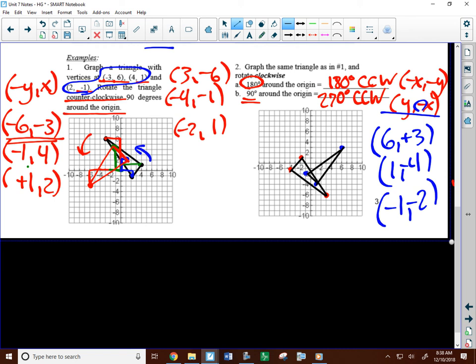So actually up here we've graphed, this first one in black over here was the original. This was 90, this was 180, and this was 270. So we kind of graphed all 4 of these.